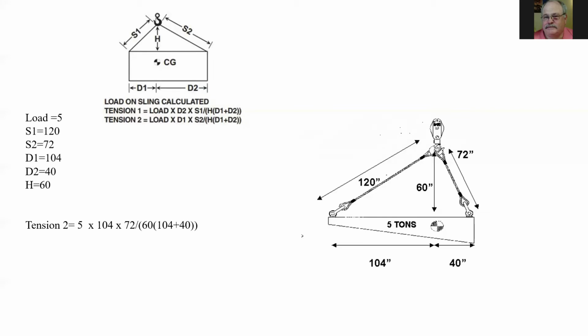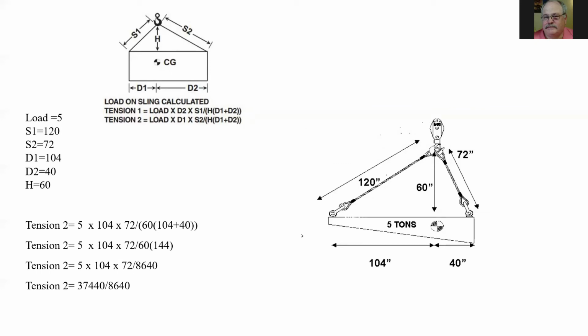So we have our load times D1 of 104 times S1 of 72 divided by my height of 60, and in parentheses D1 plus D2, which is 104 plus 40. And we do the math and run it down. This sling is seeing 4.33 ton of force.